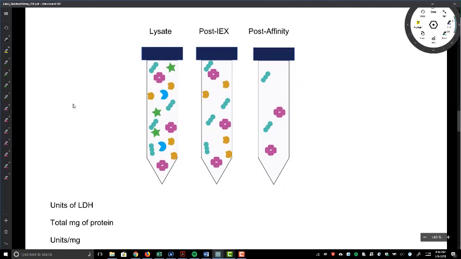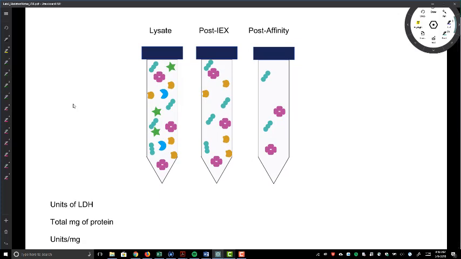So if we look at our samples, let's say LDH is the purple protein here, and we're going to visually count the number of each type of protein that we retain throughout the purification process. In our lysate, we have 3 units of LDH. However, we have 16 total proteins, or 16 milligrams of protein, in that sample.